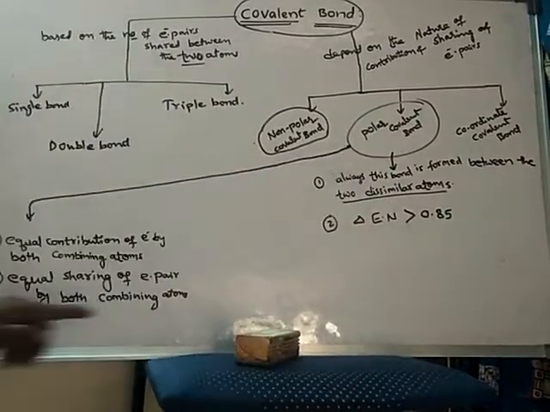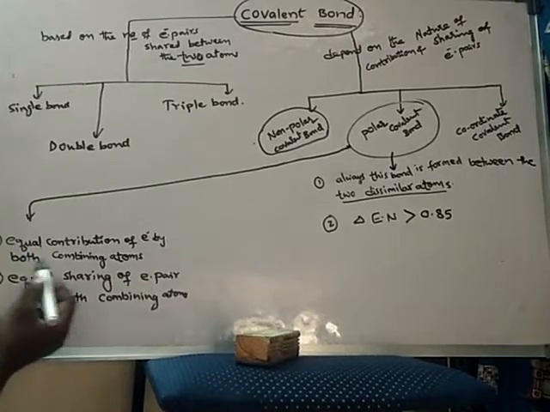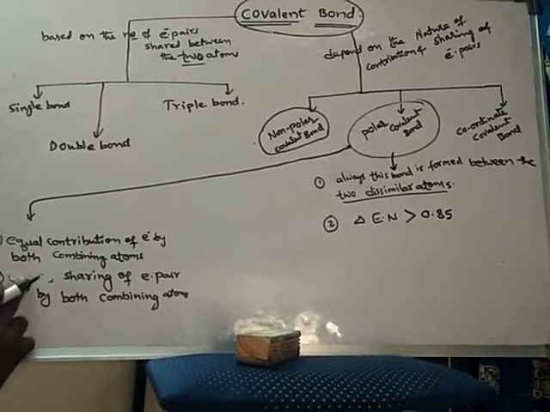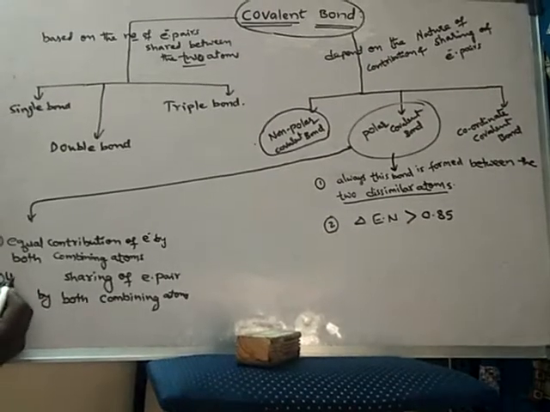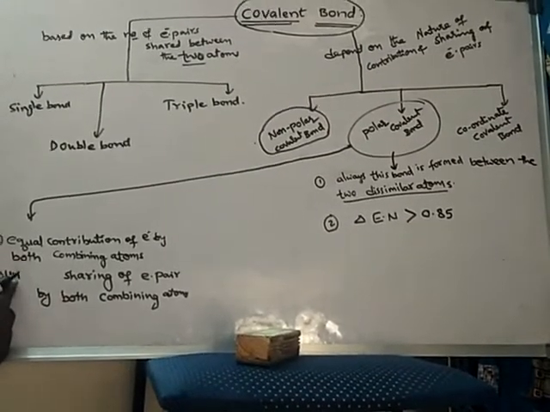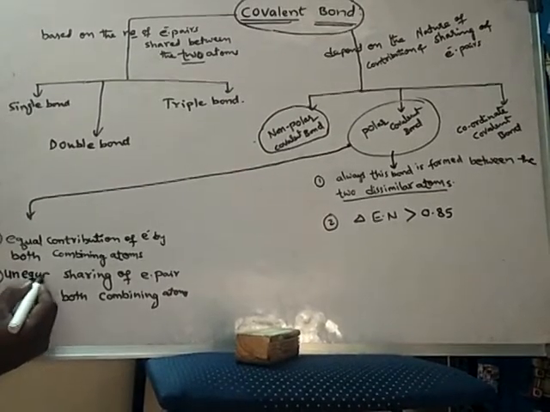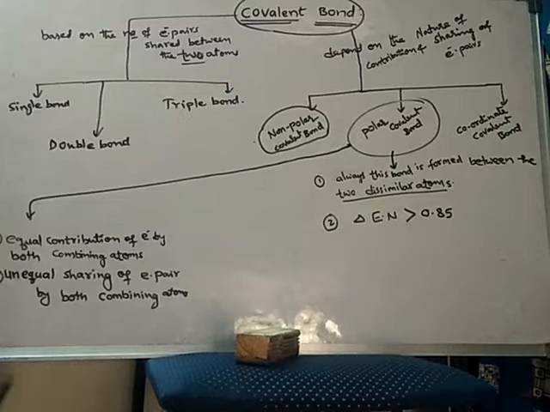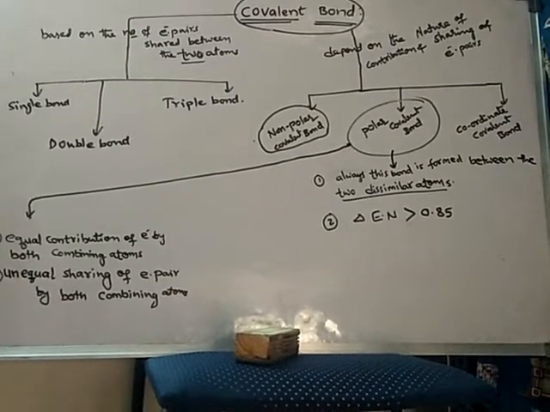Polar covalent bond takes place by equal contribution of electrons by both combining atoms, but with unequal sharing of the electron pair.